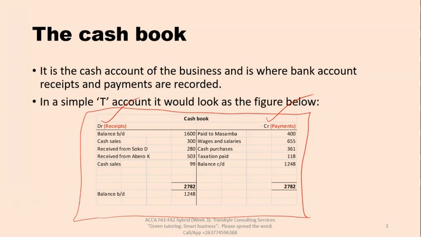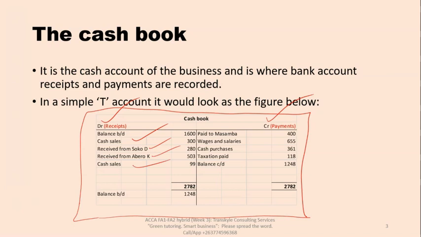The balance brought down, or the opening balance, would be on the debit side, and then we enter all the transactions which reflect receipts from customers, for example cash sales, received from Soko D, received from Aberoke, and some cash sales here.